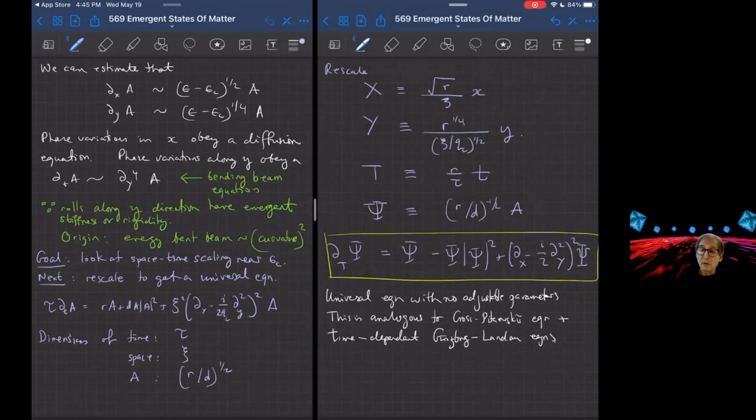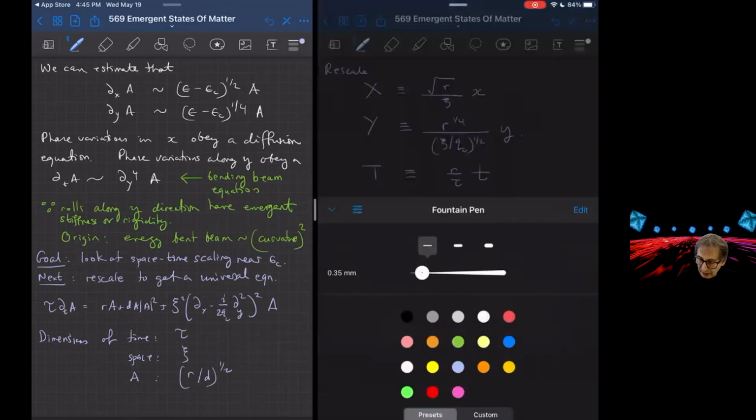This equation describes all the spatial variations near the threshold to the formation of walls, and so what is the interpretation of this?